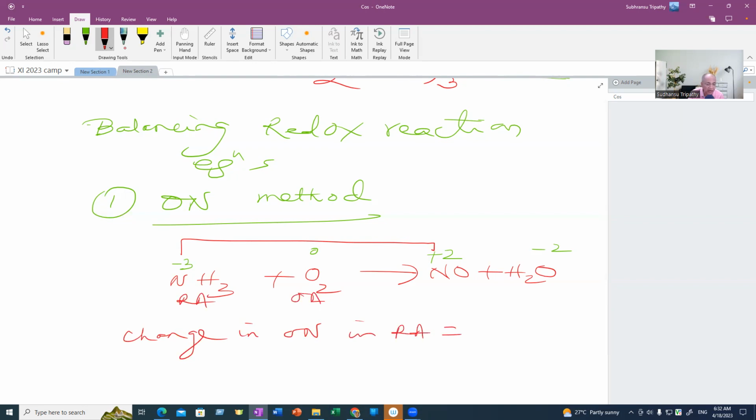We are now tackling the reducing agent. How much change in oxidation number has happened to nitrogen while ammonia has been oxidized to nitric oxide? Tell me. Raise your hands. What is the change?